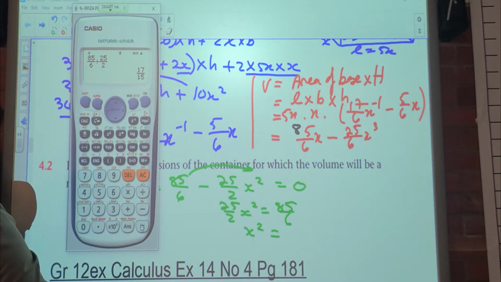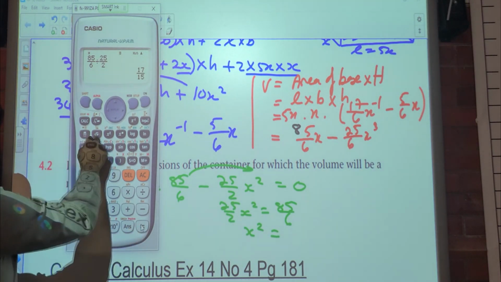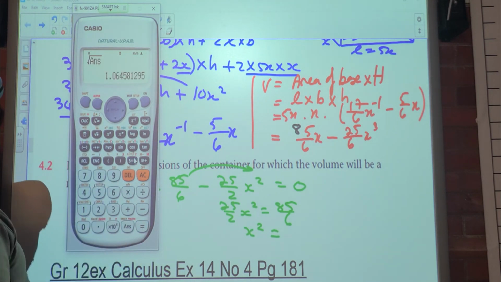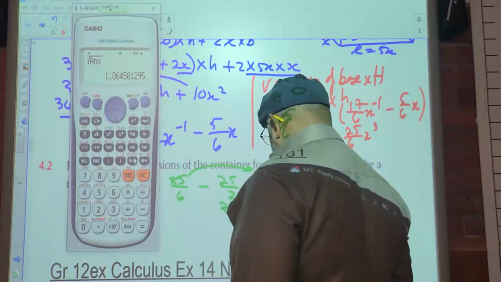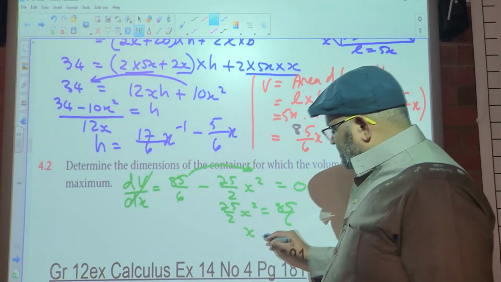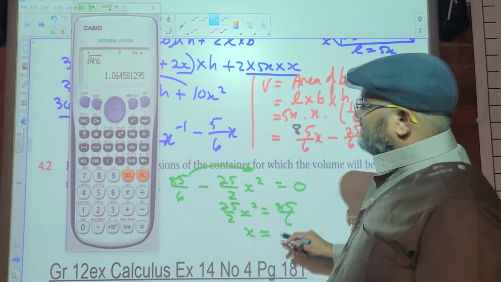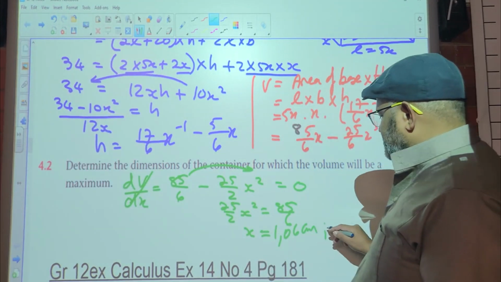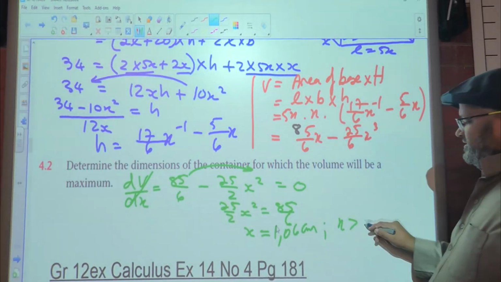That gives us 17 over 5, the square root thereof. And that gives you plus minus 1,06. But x has to be positive because I've been talking about length here. So x is equal to 1,06 centimeters as x needs to be greater than 0.